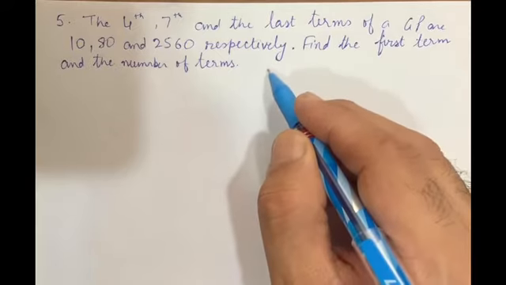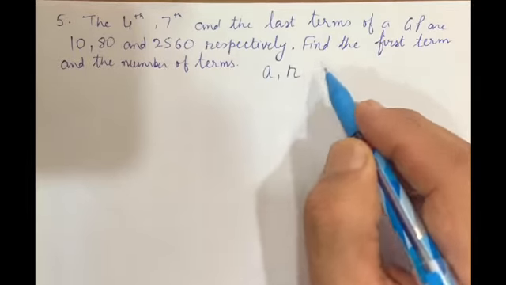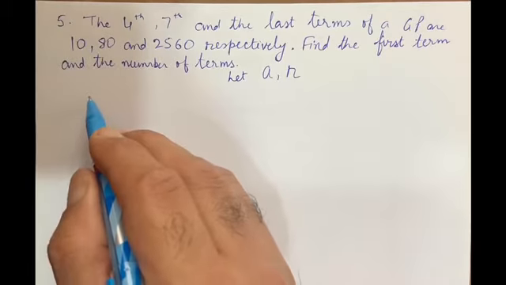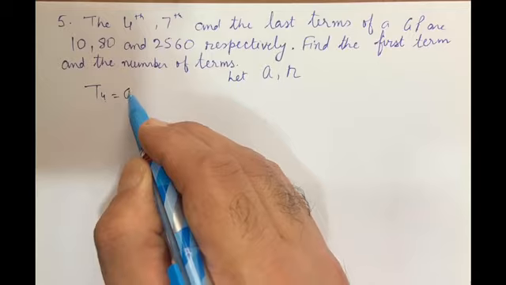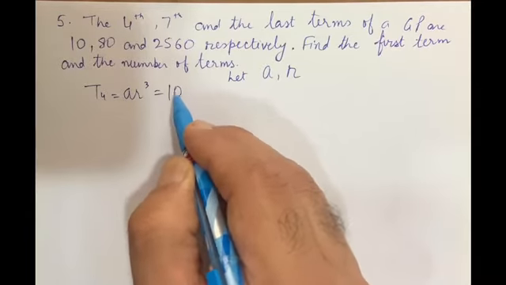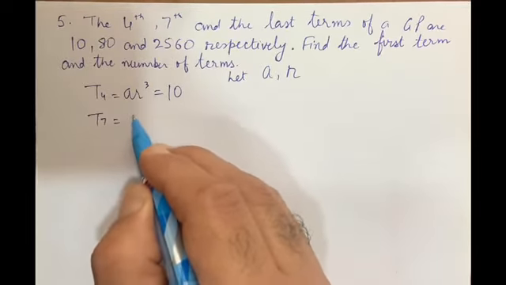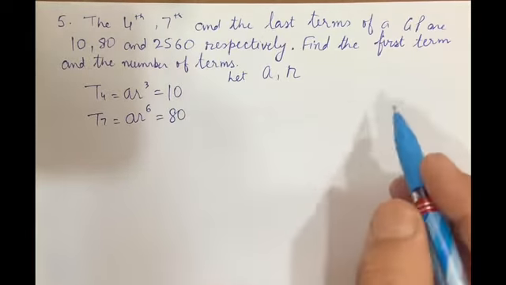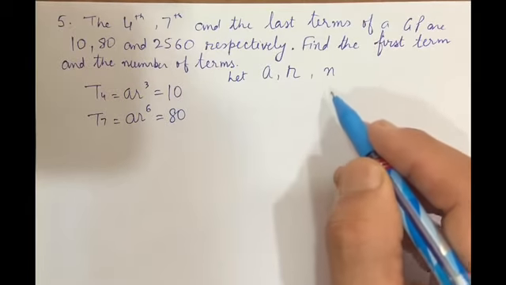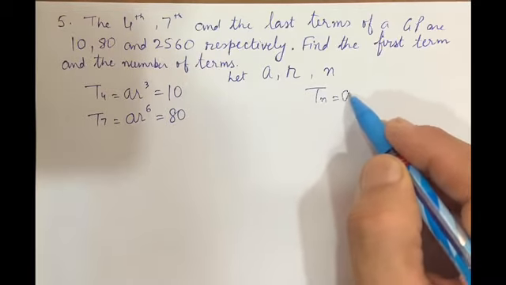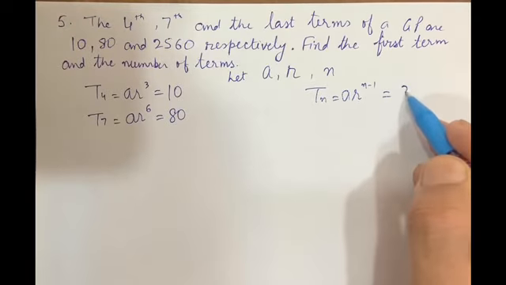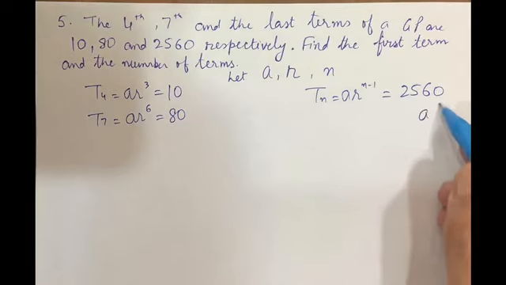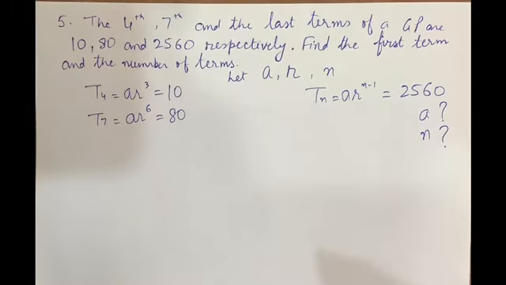Let us say the GP has first term A, common ratio R. Let A and R be the first term and the common ratio. The fourth term, that's A into R raised to 3, is given as 10. The seventh term, that's A into R raised to 7 minus 1, that is 6, is 80. And the last term, let us say there are n terms, so the nth term, which is A into R raised to n minus 1, is 2560. So we have to find the first term, that is A, and the number of terms, that is n.